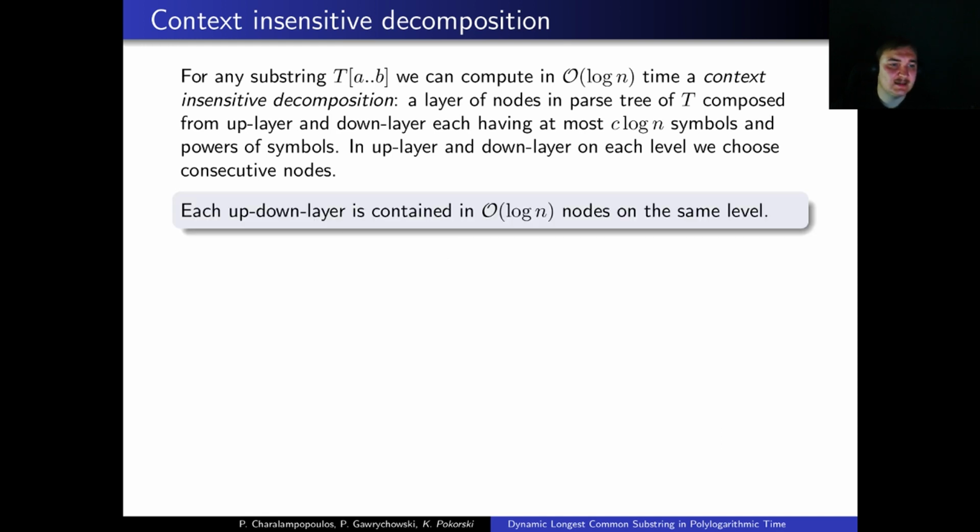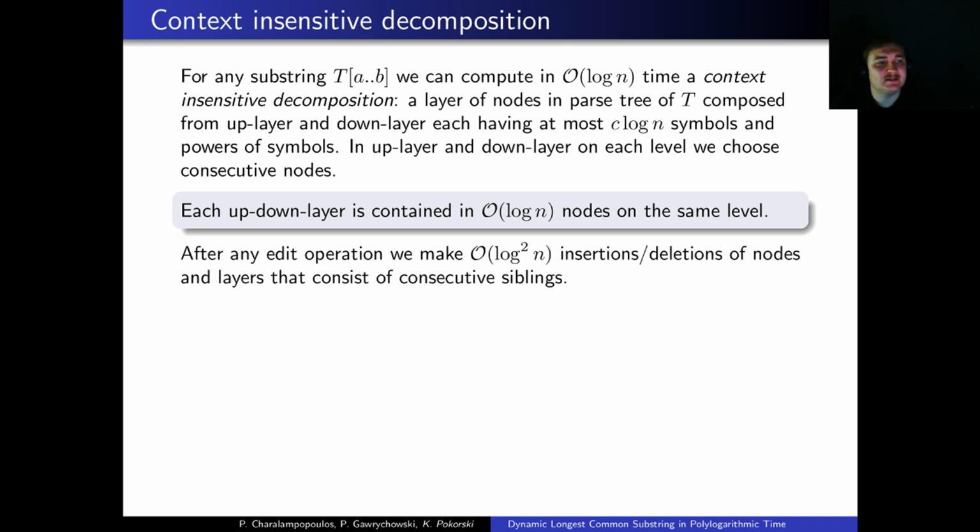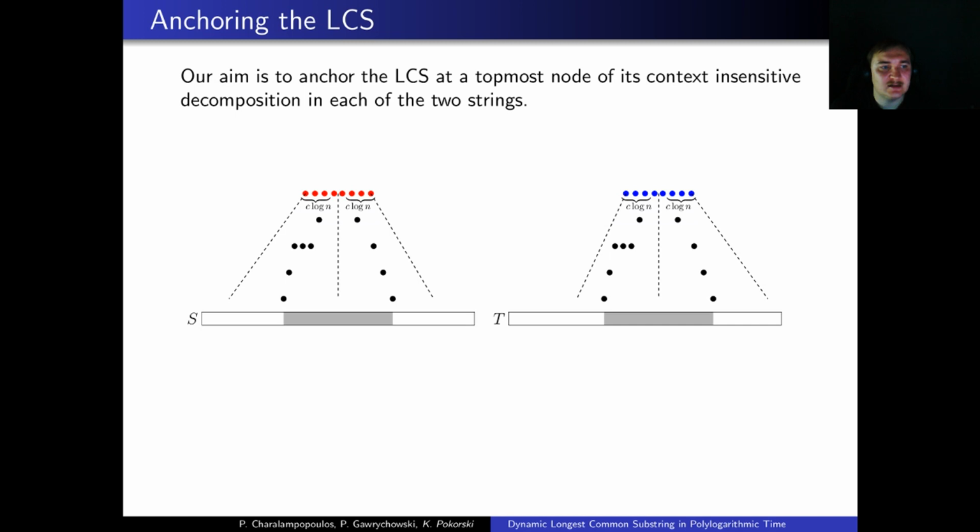Okay, so that's the idea. Any up-down layers contain log n nodes on the same level, and of course we are able to maintain this parsing efficiently. So any change of a letter only incurs log square n insertions or deletions of the nodes and layers.